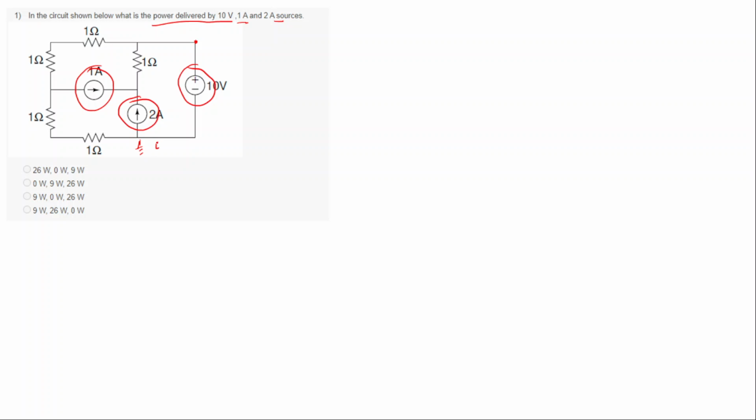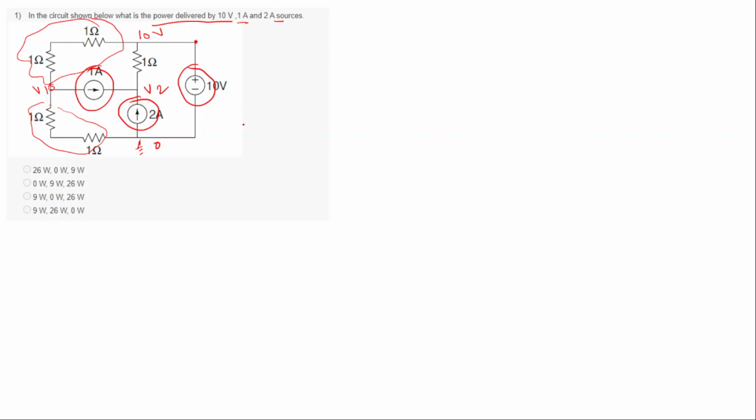Suppose this is the zero potential, and after this will be 10 volt, and let's say this potential is V1. We need to apply node voltage at each of the nodes. Let's say this is V2. Now let's apply the node voltage at this node. This is 0 volt, and we can combine these two resistors, which are directly in series, so it becomes 2 ohm. These also we can combine.